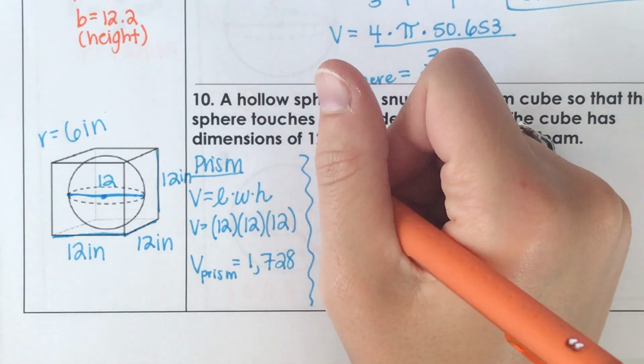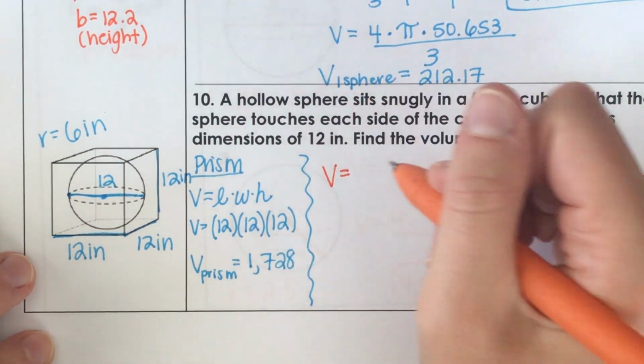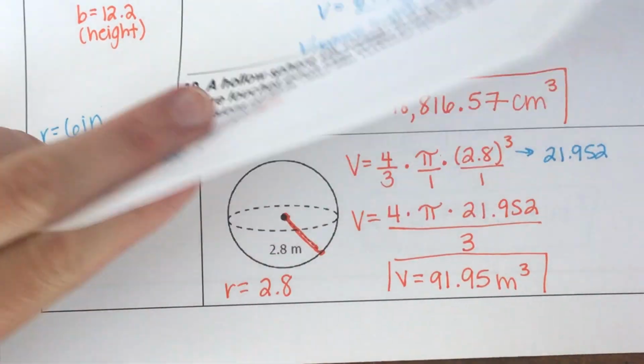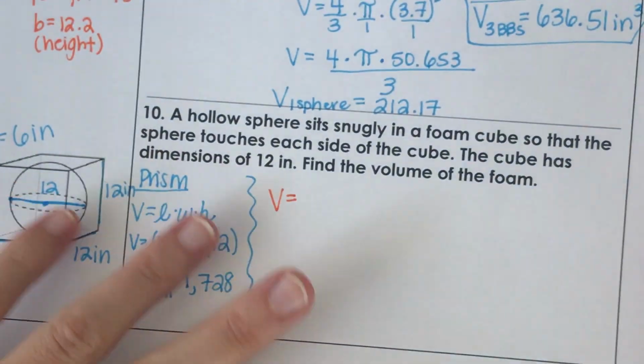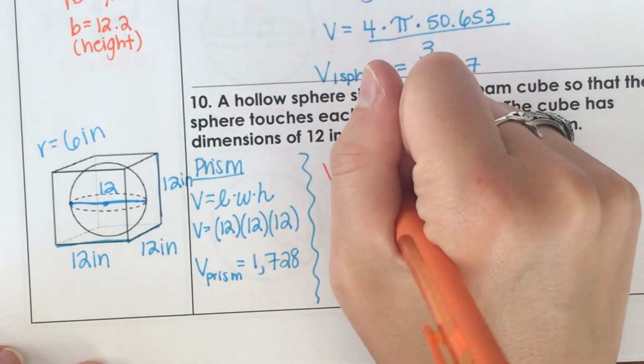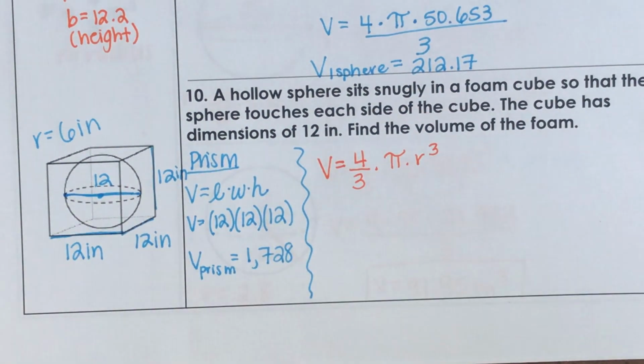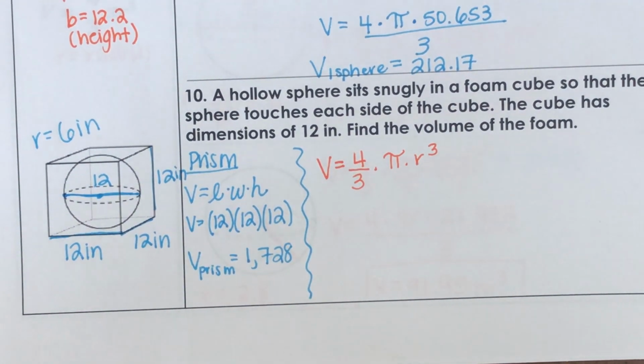To find the volume of a sphere, so it's a sphere, not a hemisphere, I do 4/3 times pi times radius cubed. So we're just going to plug in some numbers based on what we've got here.